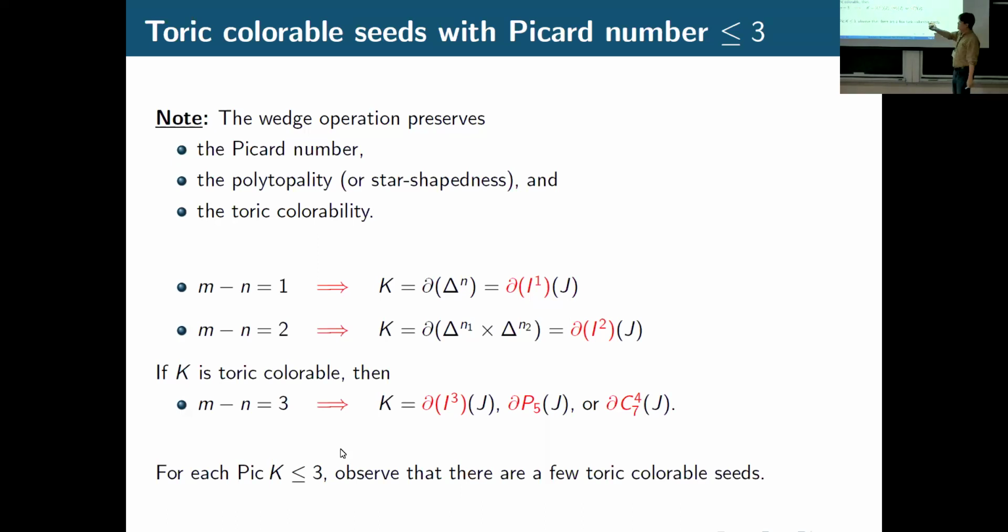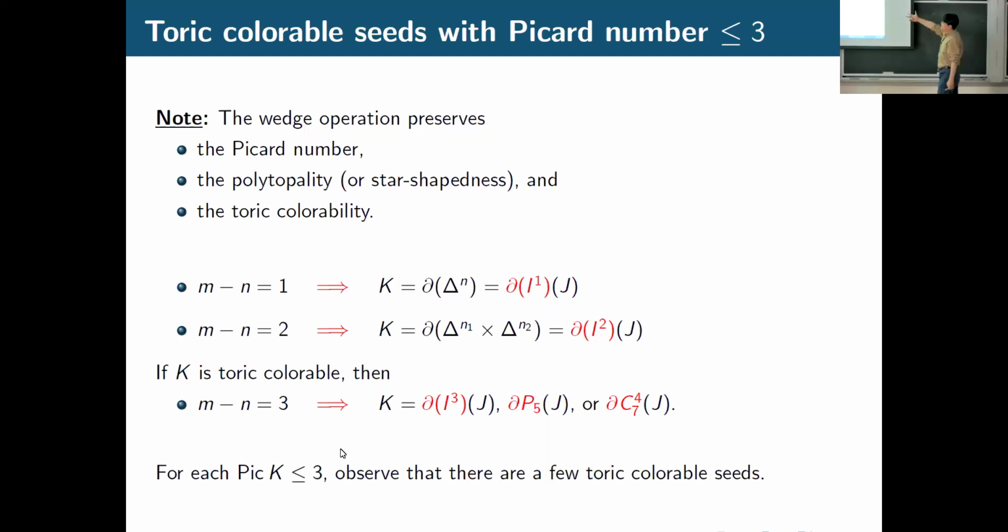But if we consider toric curability, then there are only a finite and very small number of toric curable seeds. There are only three: the boundary of a cube, the boundary of a pentagon, and the boundary of the cyclic polytope C^4(7), the 4-dimensional cyclic polytope with seven vertices.